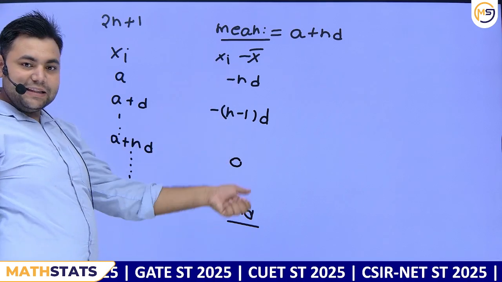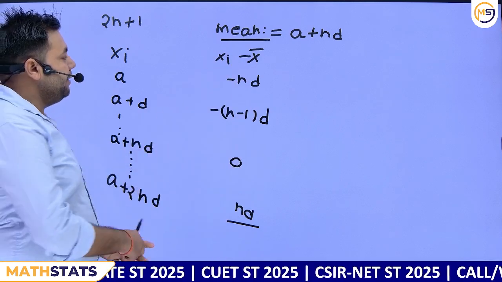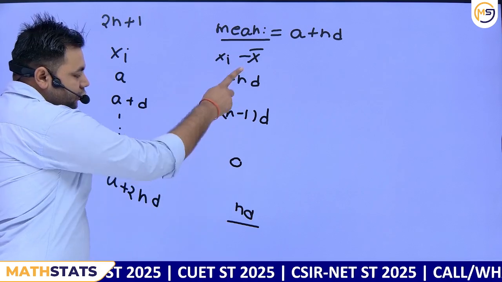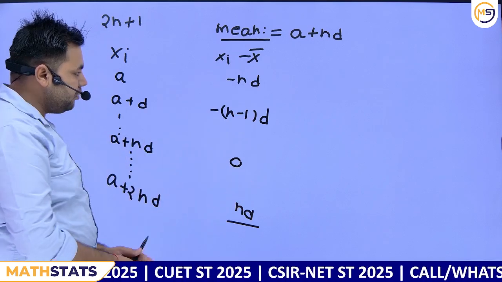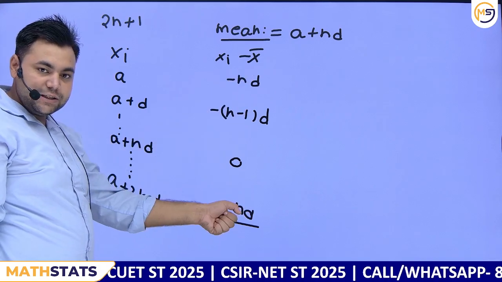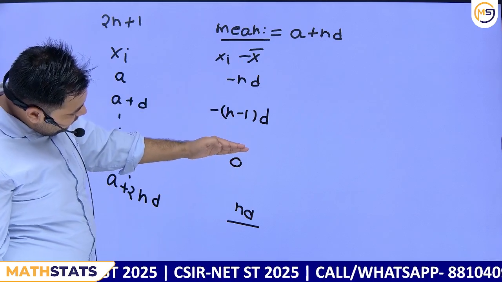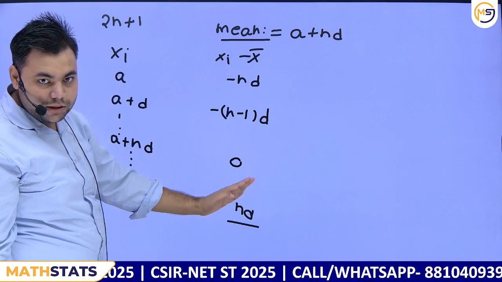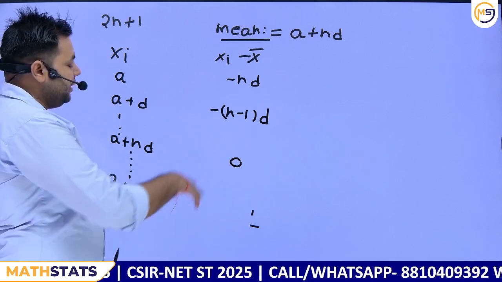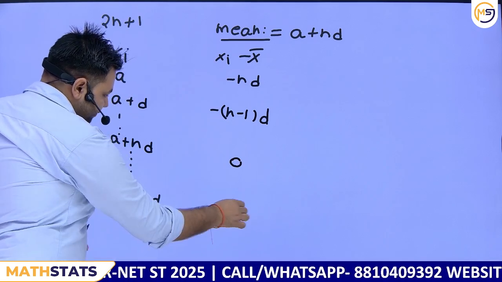You can check: this is minus nd, this is positive, so minus nd and nd cancel out. Here n minus 1 d is positive, here it is negative, so they cancel to 0, and the above term is negative and the below term is positive, so this value equals 0.